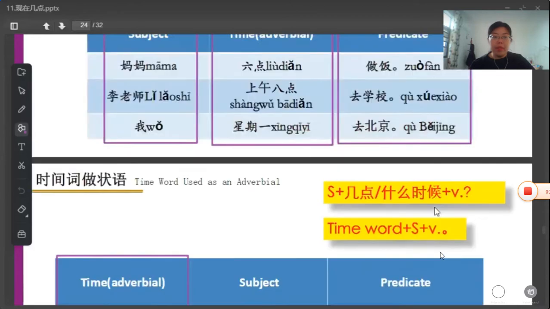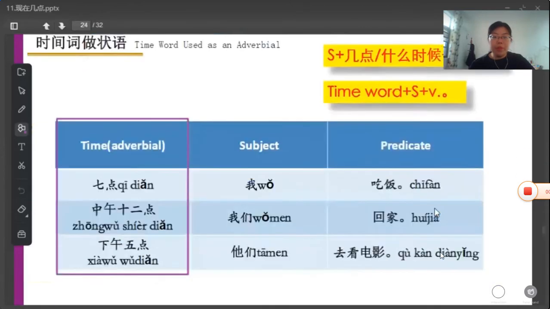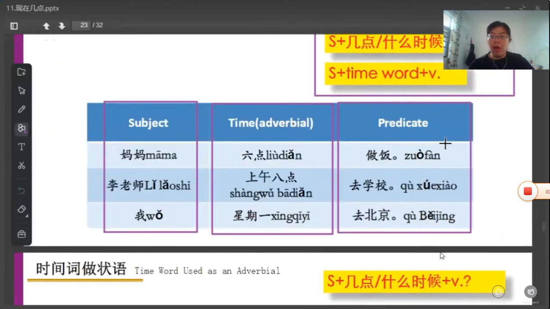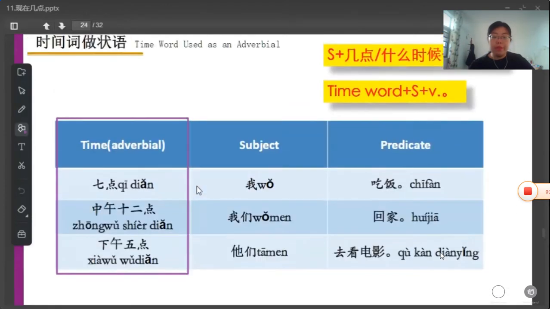That means from these two pages, the time word can be put before the subject or after the subject. They are all right.